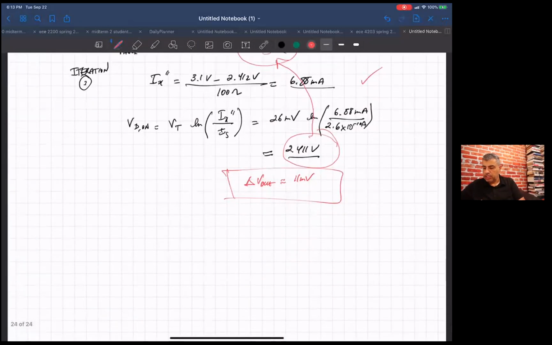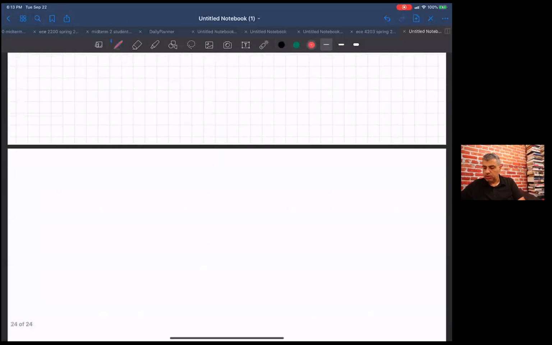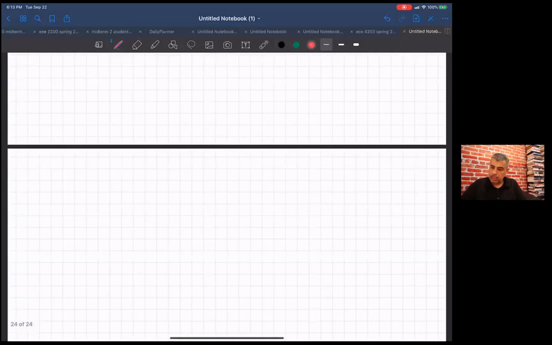Okay, so let's see what this really looks like. Now this is sort of a proof of small signal. Proof is the wrong word. I want to just show you how we get to small signal.